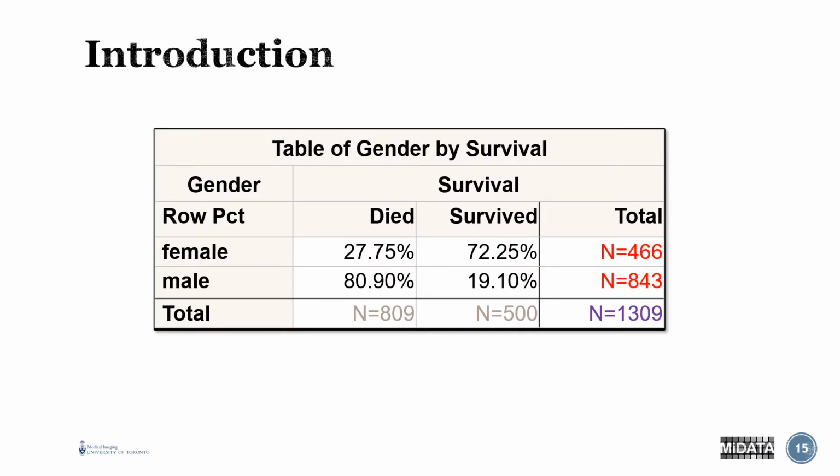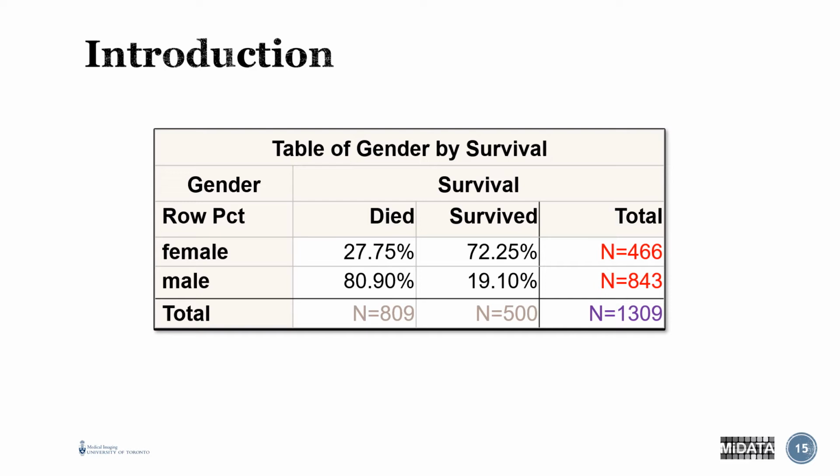Let's get back to our example of the Titanic. Let's say we were interested in looking at a possible relationship or association between gender and survival, which are both categorical variables. We could put together this contingency table, and as rows we would have gender levels, which would be male and female, and as columns we would have survival levels, which is died or survived.